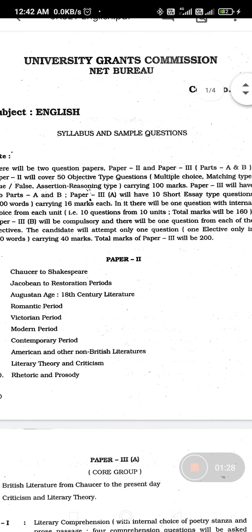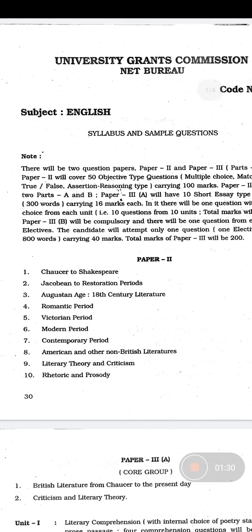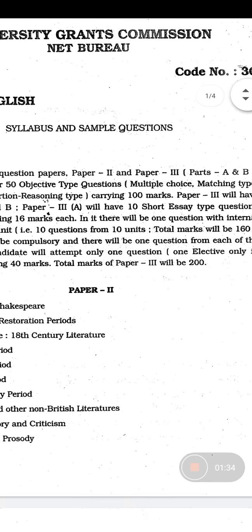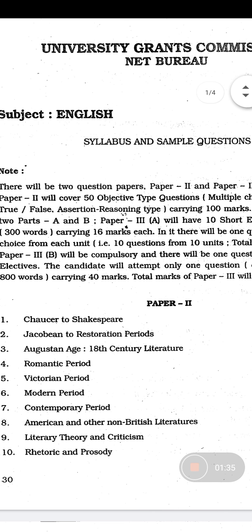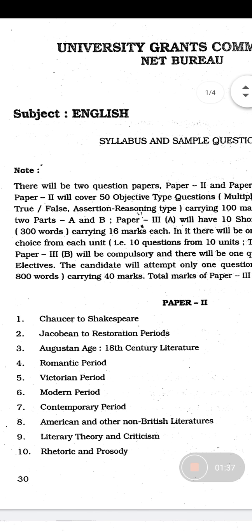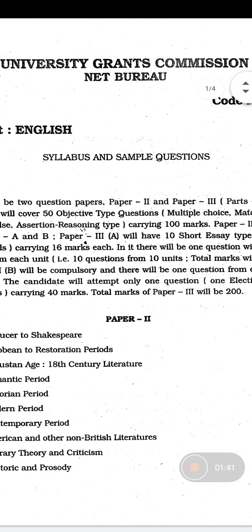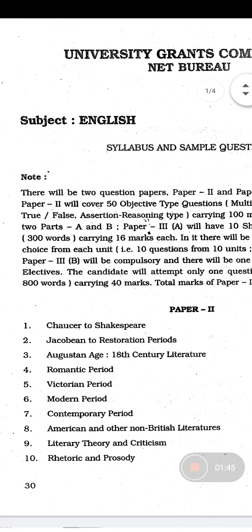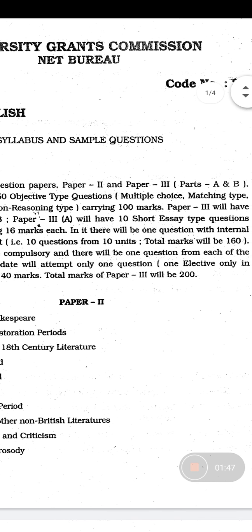Paper 2 will have 50 objective questions, which are multiple choice, matching, true-false and assertion-reasoning type, carrying 100 marks. So Paper 2 will be of 100 marks.